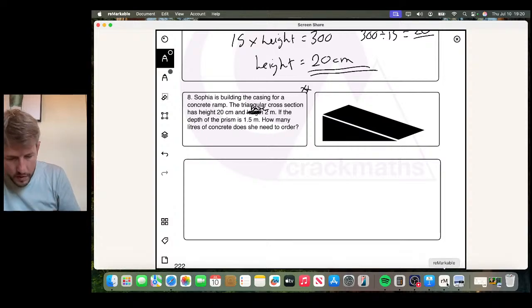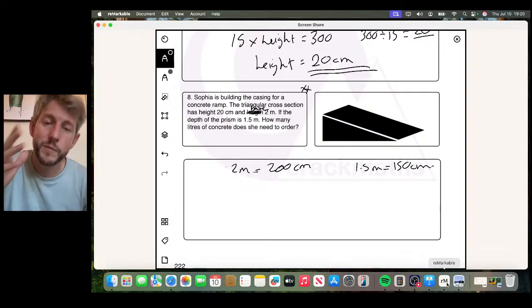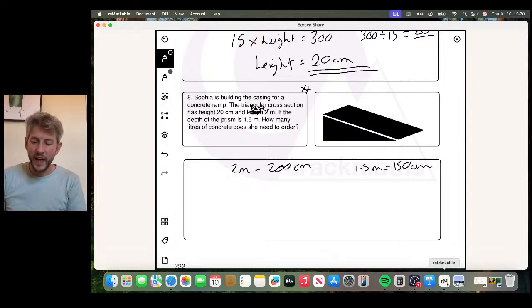Okay, so we need to change all of this into centimeters. So we've got the 2 meters equals 200 centimeters, 1.5 meters equals 150 centimeters, just because we know the conversion from centimeter cubed to liters, okay? And they want to know how many liters of concrete we need.